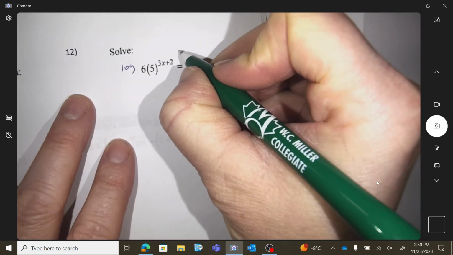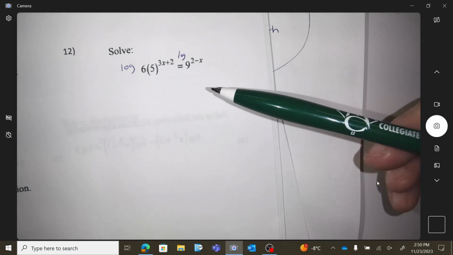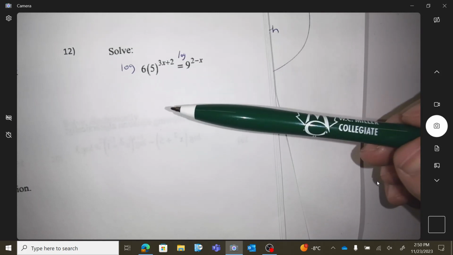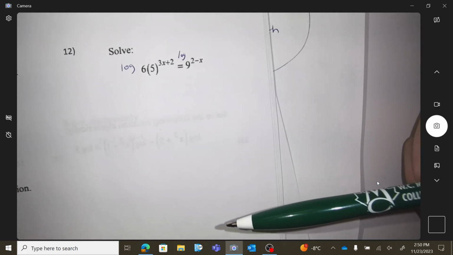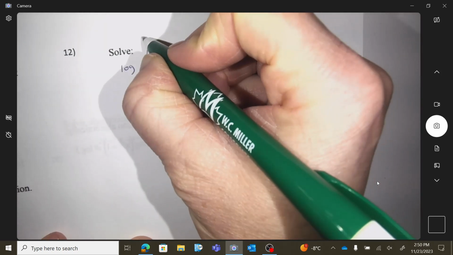Okay, I'm going to log both sides. 19. I found an exponential equation, so I'm going to log both sides. Okay, so let's separate with the rules. So this is a multiply.